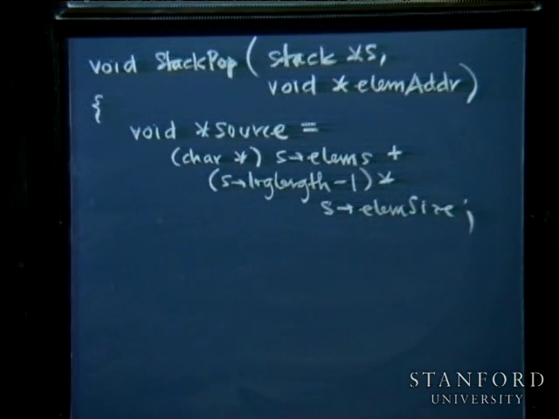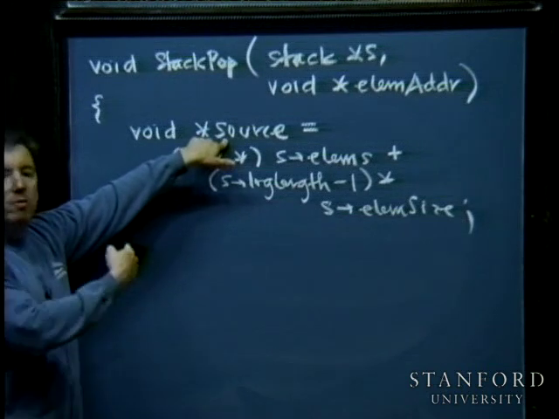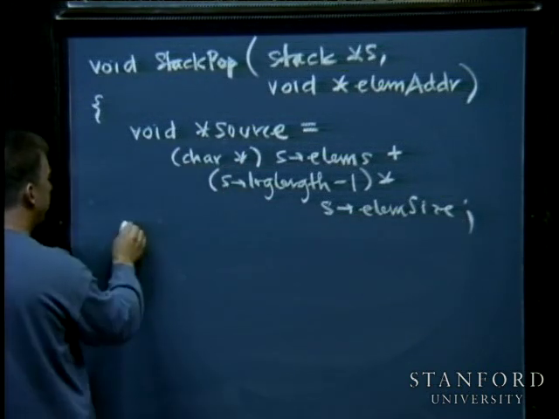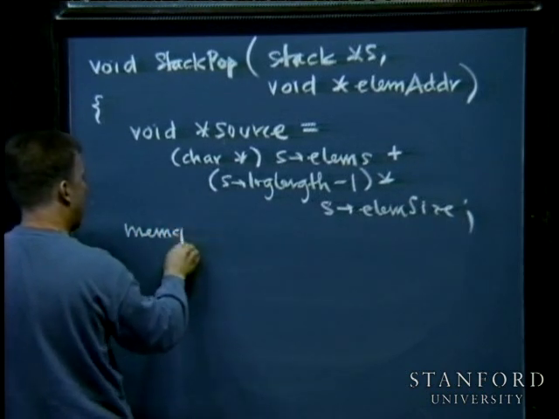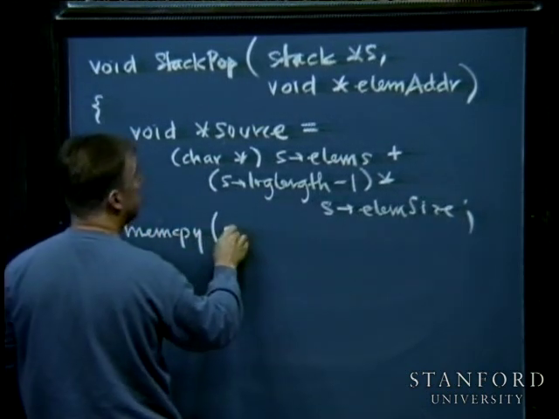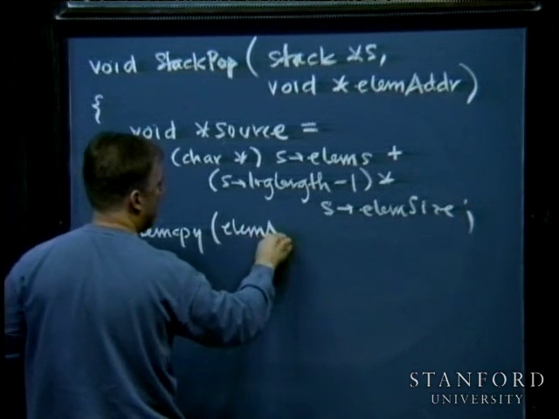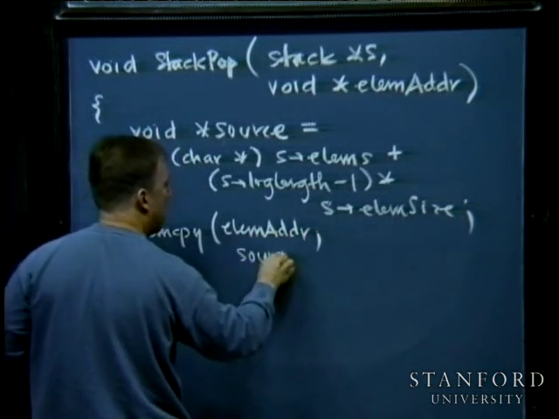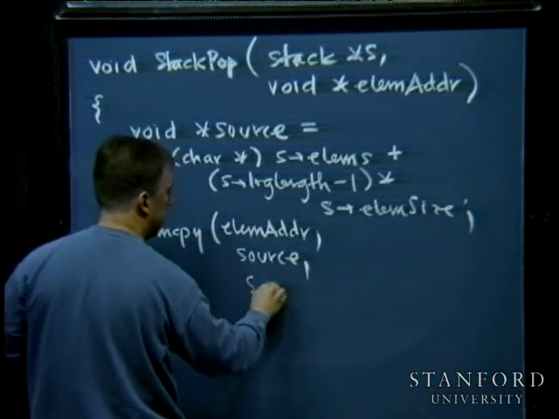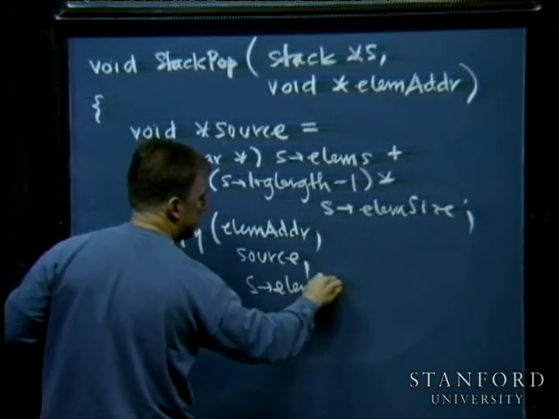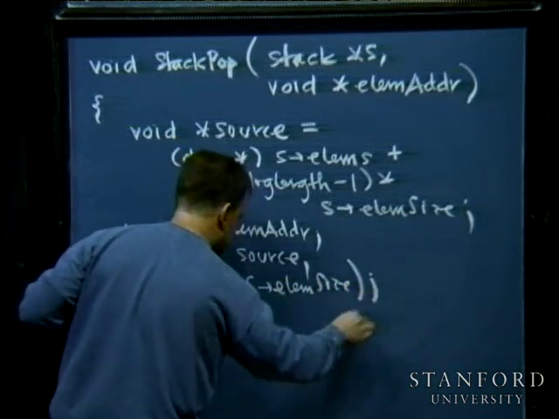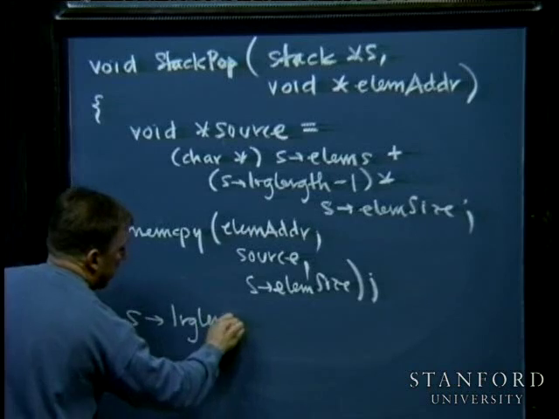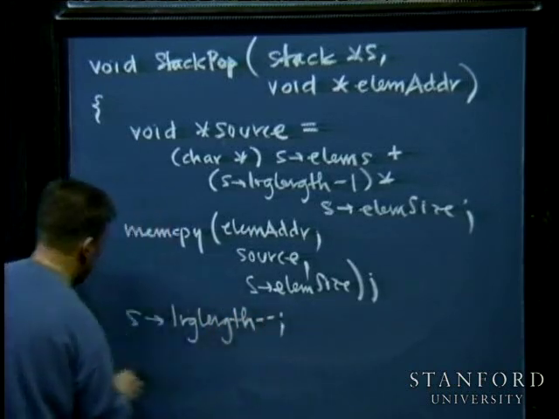This is where we're drawing a bit pattern from in the big blob behind the scenes. We're drawing bit patterns from there so we can replicate it into an elem address. An elem address is the first argument. I'm copying from that address right there. How many bytes? This many. And then do what I should have done earlier: logLength minus minus.